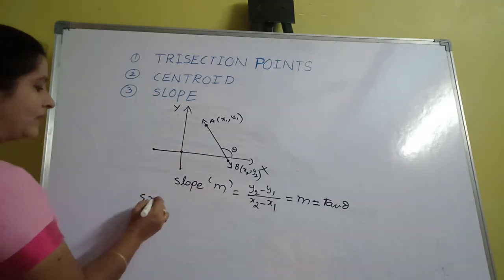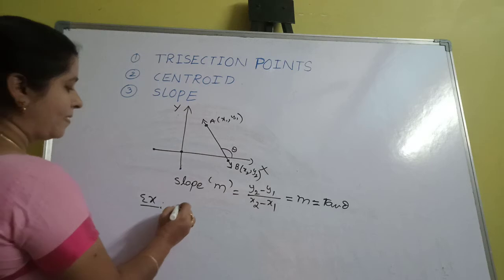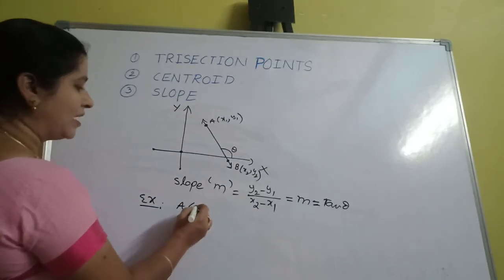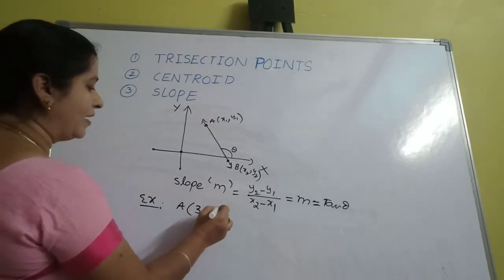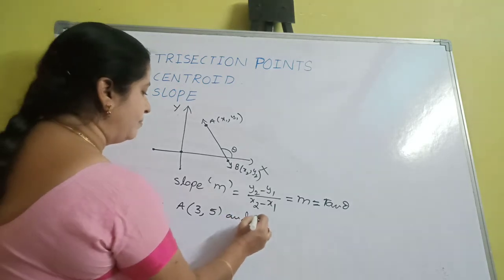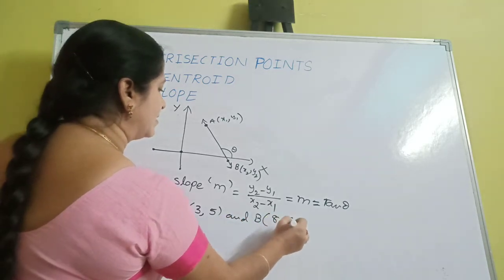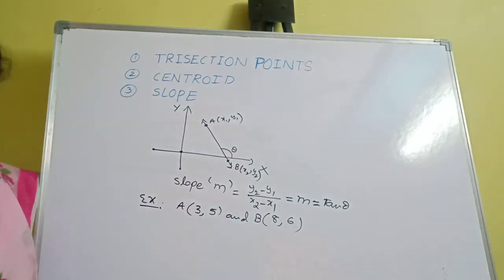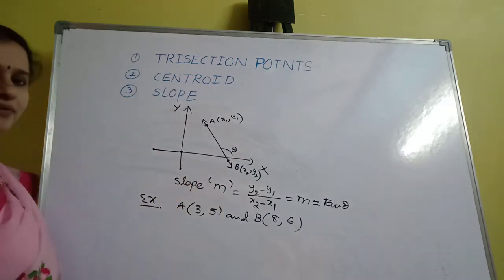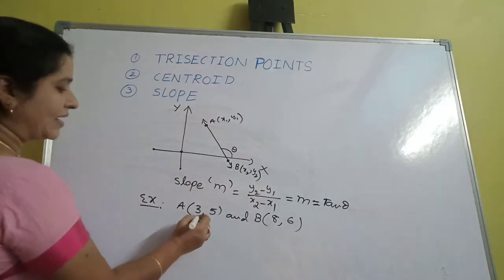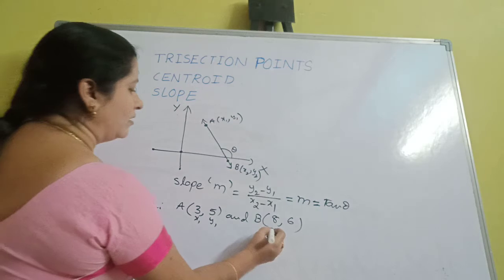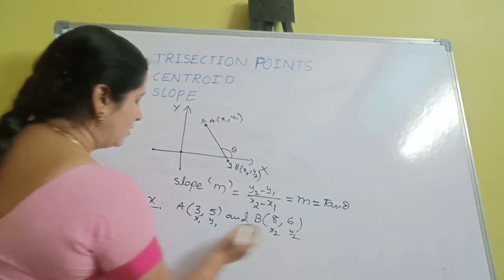Let us see one more example. The line joins the points A (3, 5) and B (8, 6). Find the slope of the line. Simply, it is x1, y1 and x2, y2.